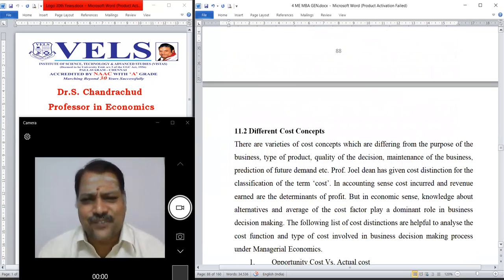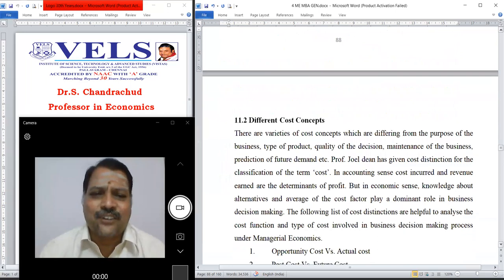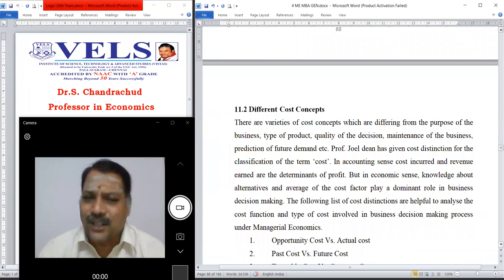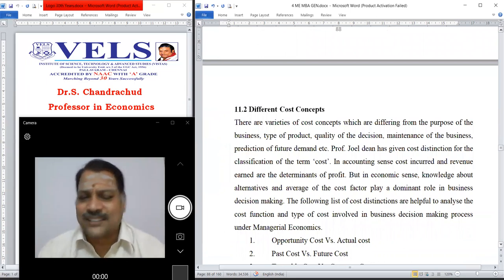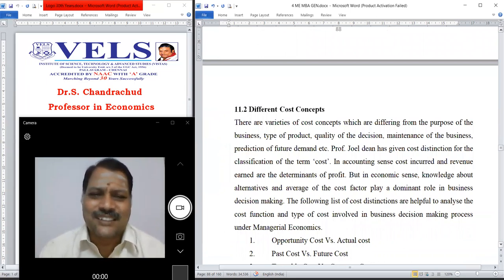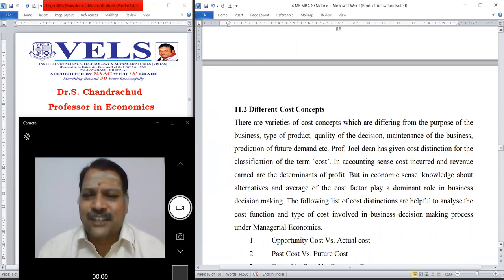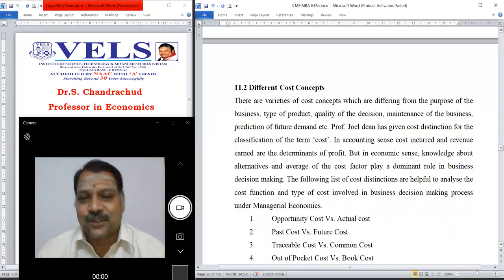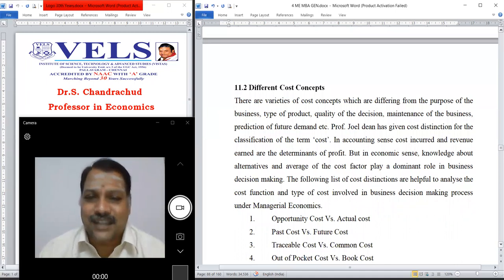There are a variety of cost concepts which differ by the purpose of business, type of product, quality of the decision, and maintenance of the business. So based on the context, the type of cost may differ. Even for prediction of future demand, we need the cost concept. Professor Joel Dean has given a cost distinction for classification of the term cost.